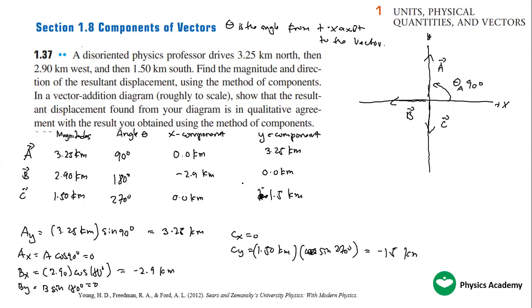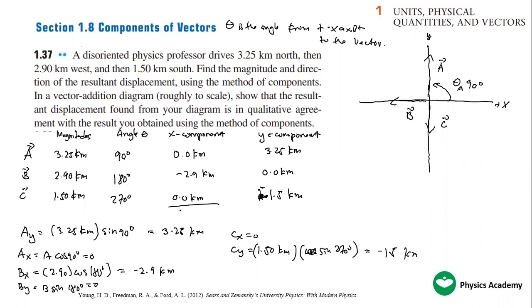So you can see it in the graph. Your y component for A is positive, with 0 for x. Your B is negative because it lies on the negative x-axis, no y component. Also here, C is negative because it is in the negative y direction and has no x component.